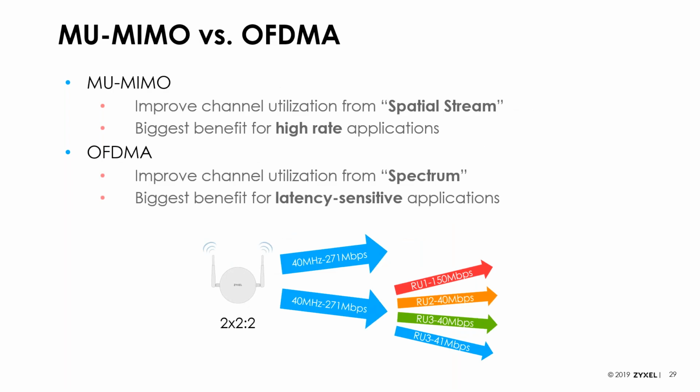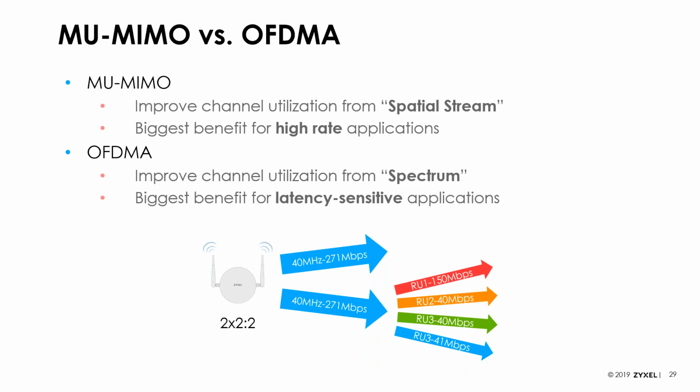So the difference between MIMO and OFDMA is basically that multi-user MIMO is improving the channel utilization and the high rate applications. And OFDMA is splitting these up into very small resource units to allocate smaller amounts of data to each client and to be very precise on what it splits the data for.